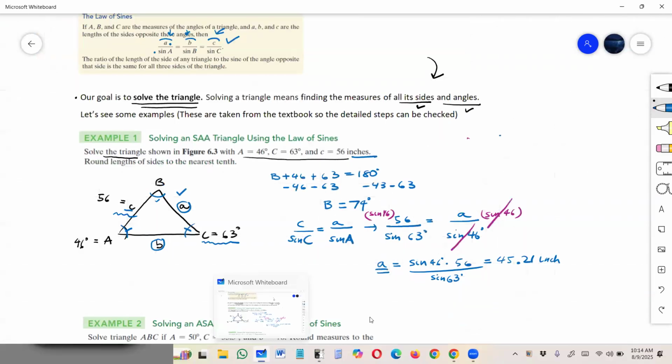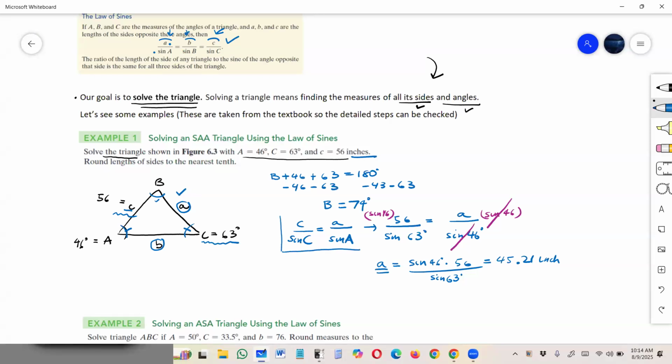And I'm going to do it over here. So I'm going to use the same ratio of C over sine C, but now B over sine B, because that's the last thing I need to find.